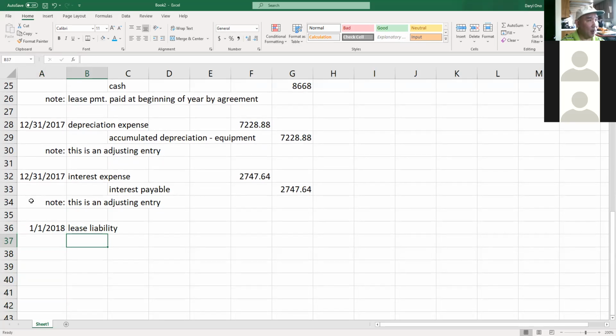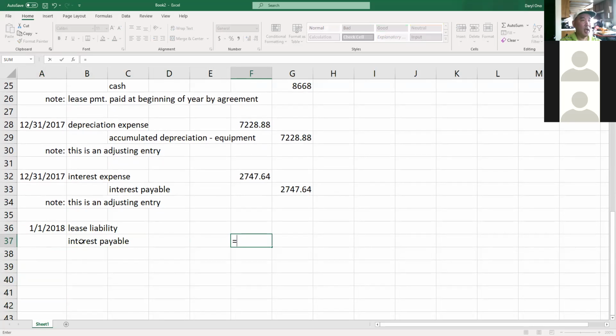We have the interest payable. We've got to pay off this interest payable. And that's going to be equal to this 2747. We're debiting it, so we're getting rid of the interest payable.